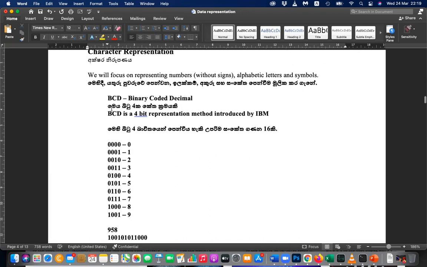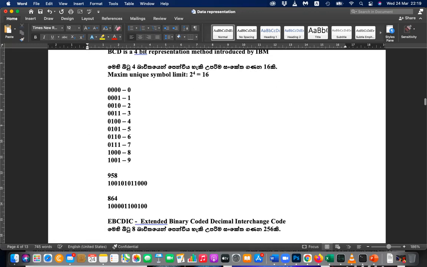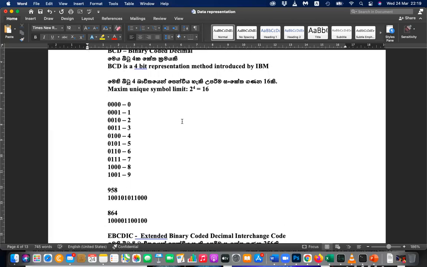And this BCD has a limitation of 4 bits, because 4 bits can give a maximum unique symbol limit of 16. So how it is taken is 2 to the power 4, because you have 4 bits, and the maximum unique symbol limit is therefore 16. So that is not enough, right?